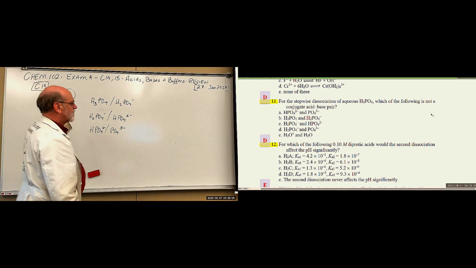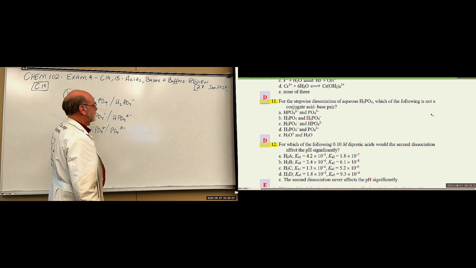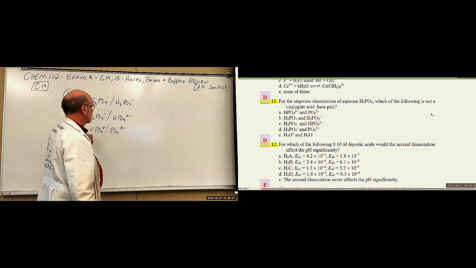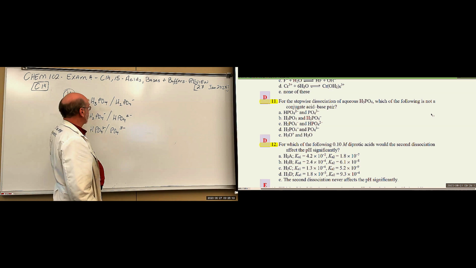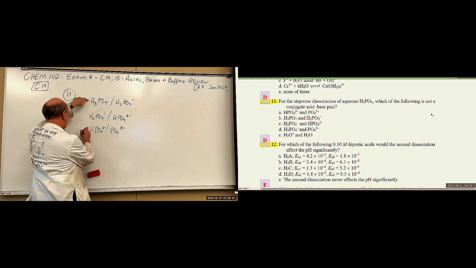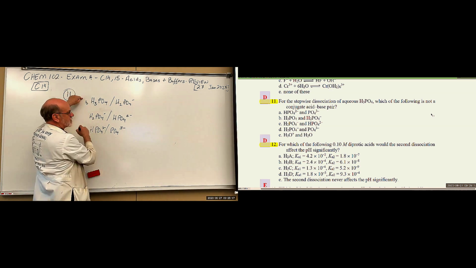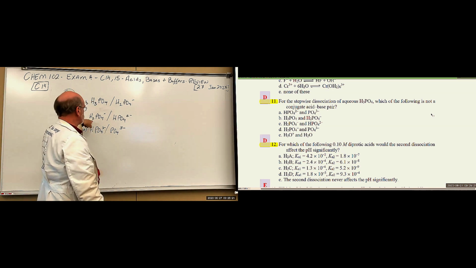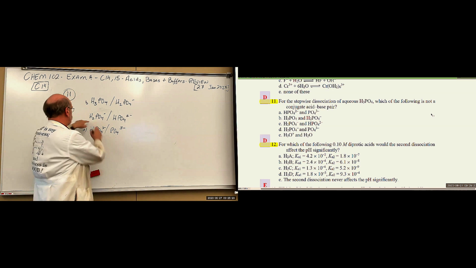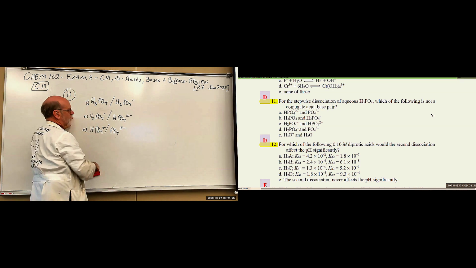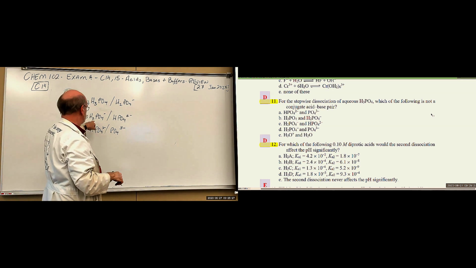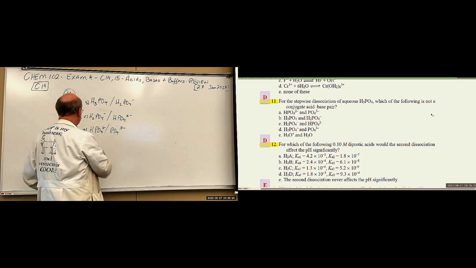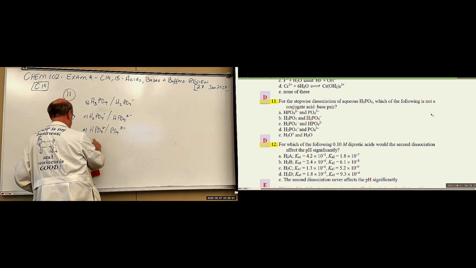Okay. So the A would be this one. B looks like that one. This one's A. This one's B. C would be, yep, that one. D would be false.